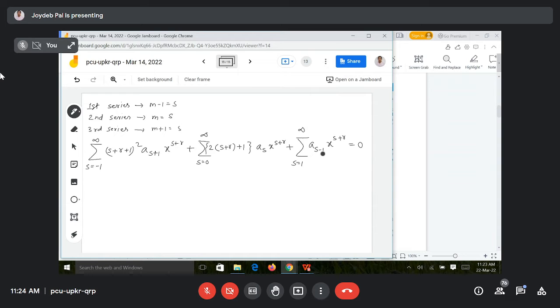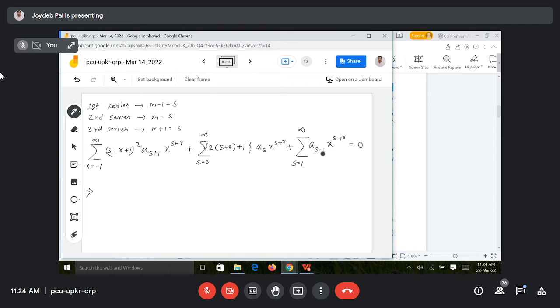Okay. Now, can I add these three series? No. So for that, you have to extract some terms. So where to extract? First of all, you fix the largest lower index. So s is equal to 1 is the largest lower index, right? From the first series, how many terms do I need to extract? 2: for s is equal to minus 1 and for s is equal to 0.